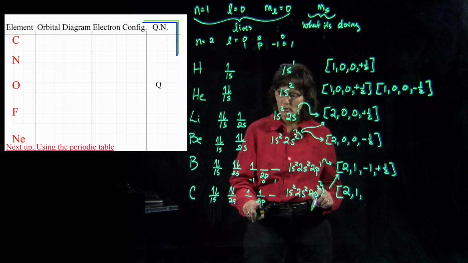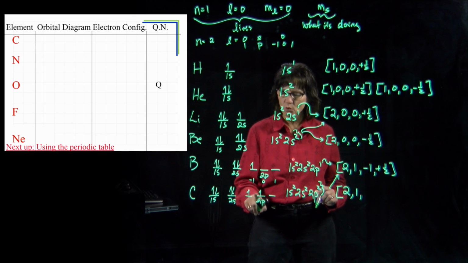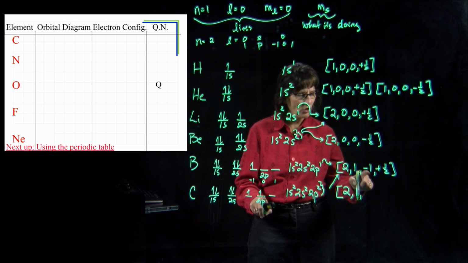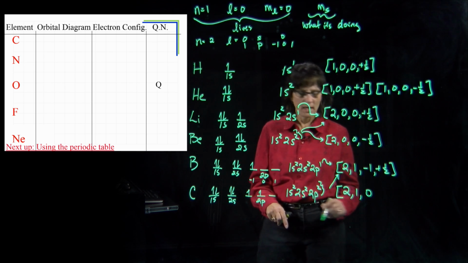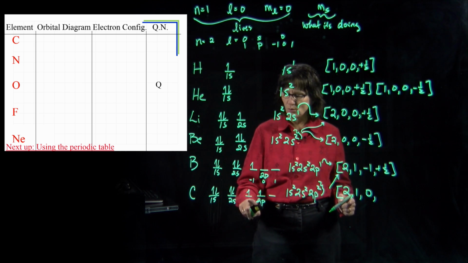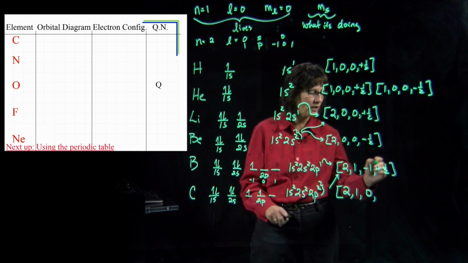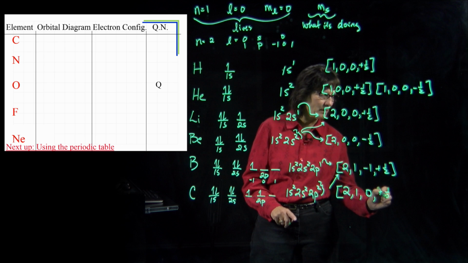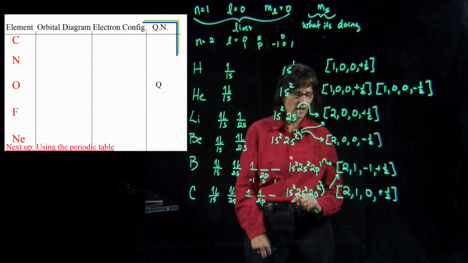But is it in the same orbital? No, it's in a different orbital here. So if it's in a different orbital, I have to make sure I use a different sublevel. So I want to choose 0. Now what about the spin? Do I have a choice of spin? I don't. If I called this one plus 1/2, I know this has to spin in the same direction. So this one's plus 1/2, the other one has to be plus 1/2. So those 4 quantum numbers tell me about the second electron I put in.